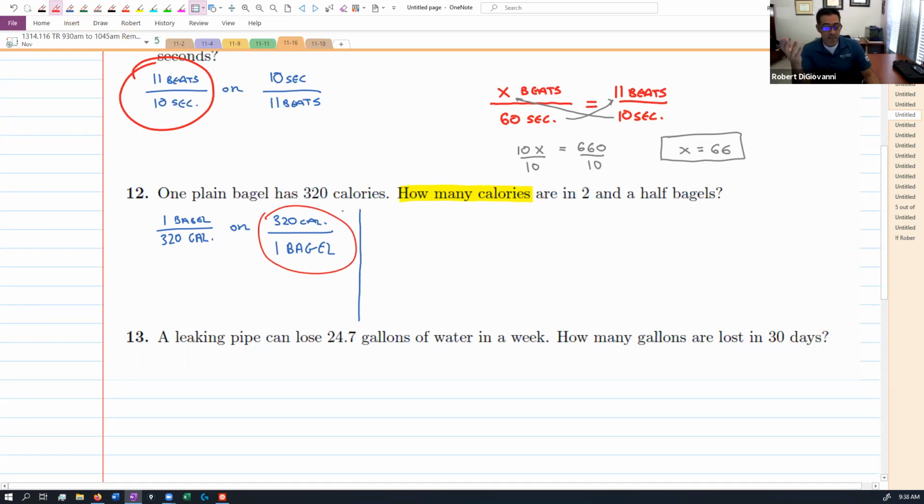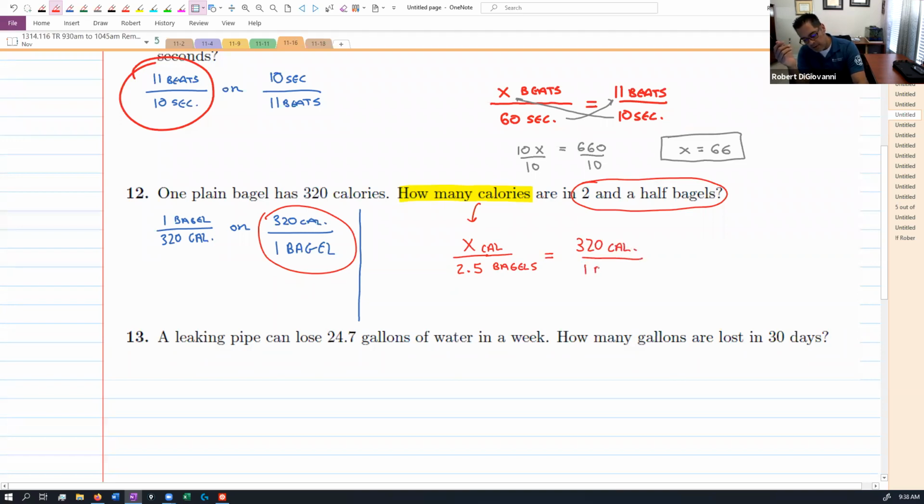So now we set up the proportion, the number of calories, x, over the number of bagels, 2.5. I would use a decimal. So this is how many calories over this many bagels should be proportional to 320 calories over one bagel.